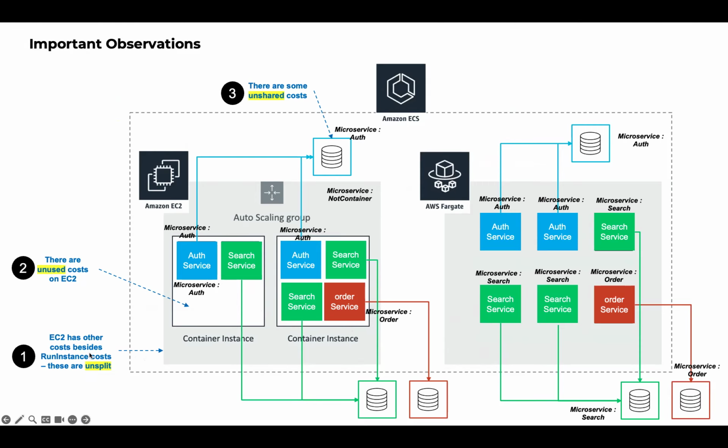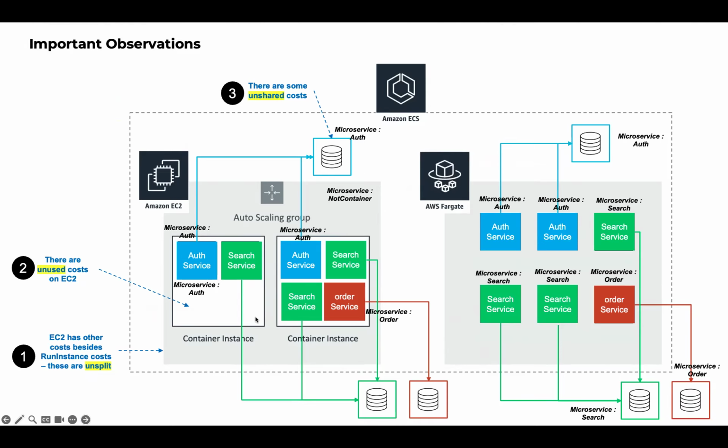There could be some data transfers coming from outside or going outside, or they could be reaching out to the disk, all of that, and you will see charges for all of that, right? So it's not just container costs, but costs for running the containers, but it's also other costs that are associated with the EC2. Right. Additionally, as we said, all these storage costs, you will see those as well, but those cannot be split up, right?